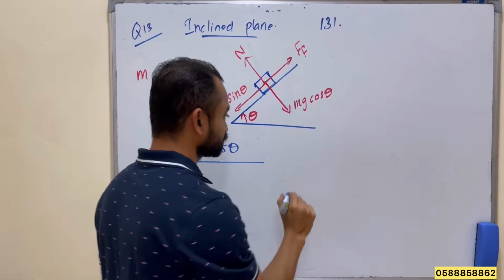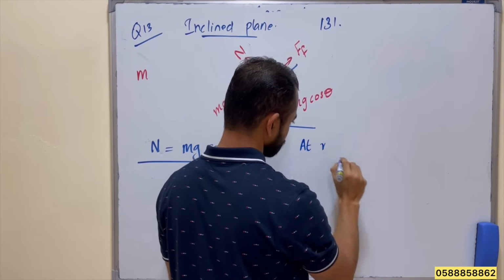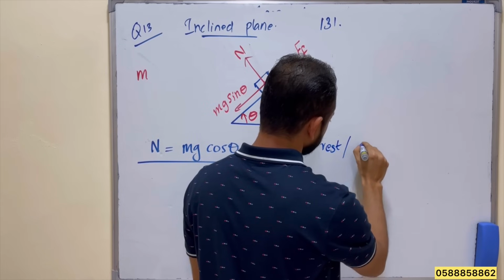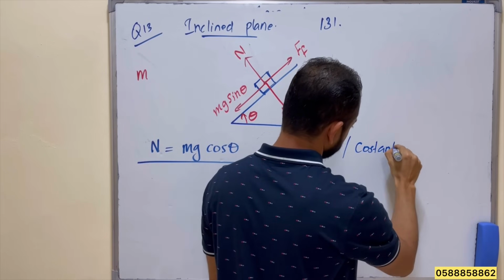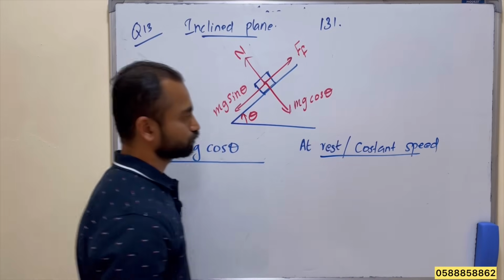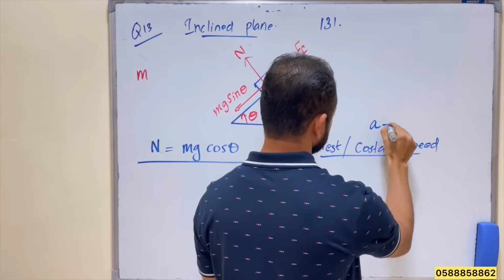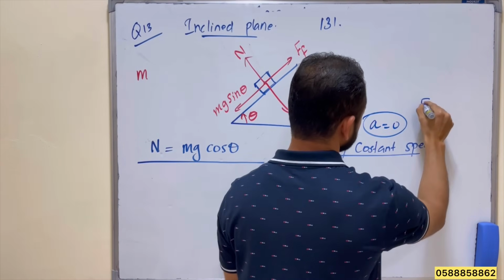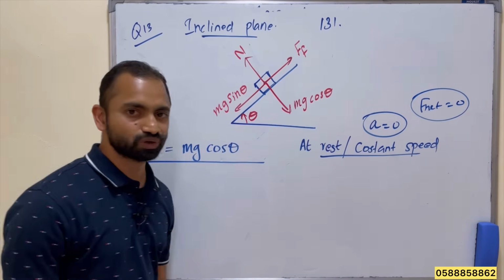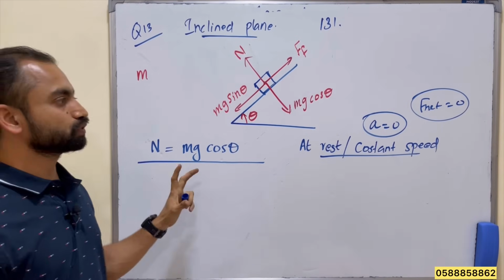If the object is at rest or moving at a constant speed, acceleration is 0, so F net is equal to 0, which means the object is in equilibrium, and in equilibrium opposite forces are equal.